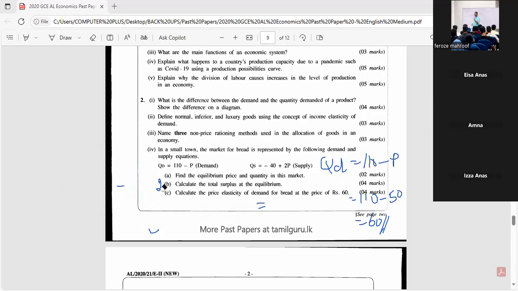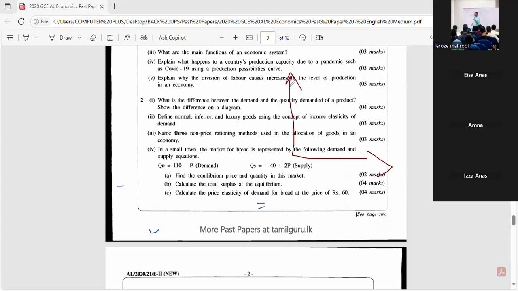Calculate the total surplus at equilibrium. Total surplus means economic surplus they are asking. So if I just show you a rough diagram for this, hope you can clearly watch this.